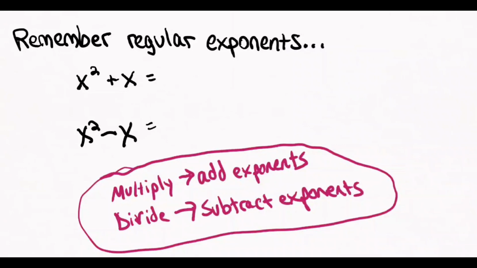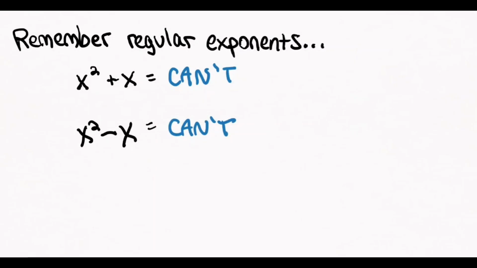But now what do we do when we're actually adding and subtracting numbers with exponents in them? We're not going to add and subtract the exponents like we did with multiply and divide. That would be multiplying and dividing. We're going to do something a little bit differently, and this is a totally different thing. When you are adding or subtracting numbers with two different exponents, you can't combine them.